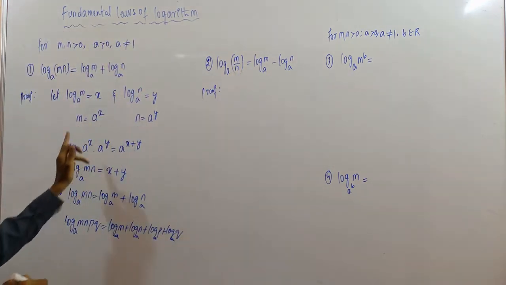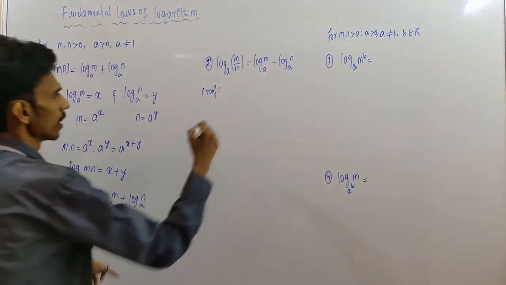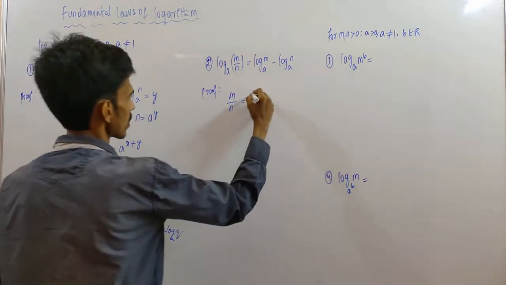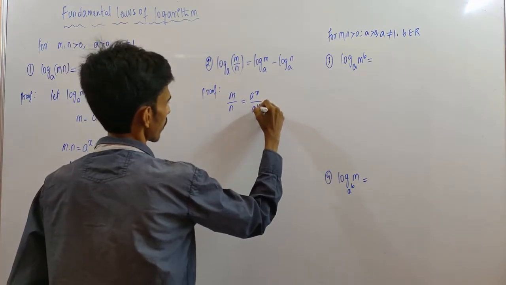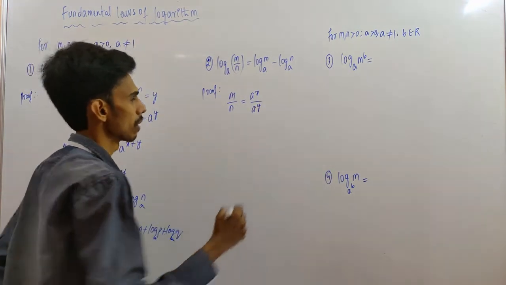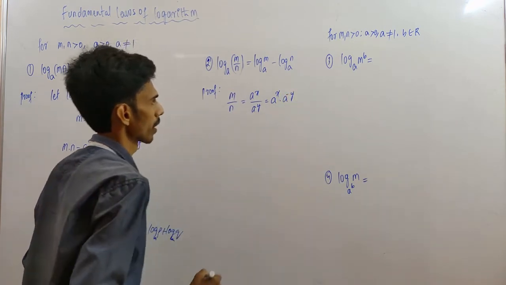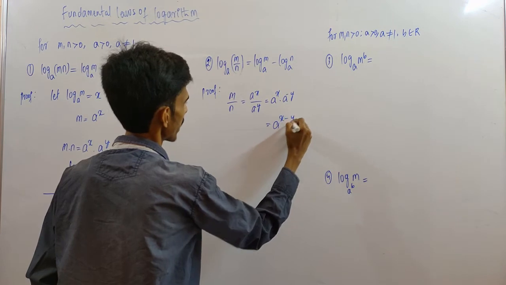We have m and n, so divide these two because here we have m by n. M value is a power x, n value is a power y. Now a power x by a power y will become a power x into a power minus y. Bases are same, powers should be added, so it will become a power x minus y.